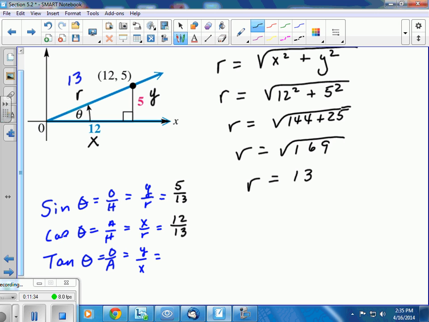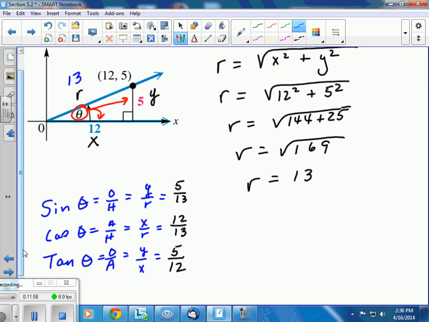And that, of course, would be 5 over 12. Keep in mind when I'm saying opposite and adjacent, if I'm coming from the angle theta, the side opposite is directly across. The side adjacent, adjacent means next to. R, my hypotenuse, is always the longest side of your right triangle.